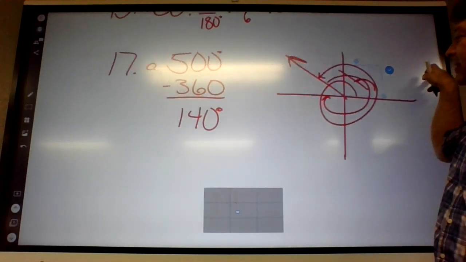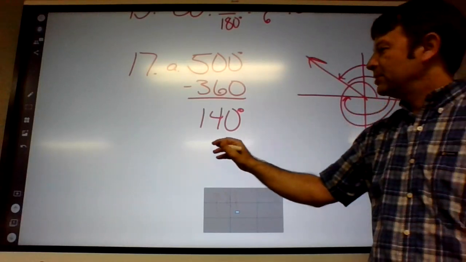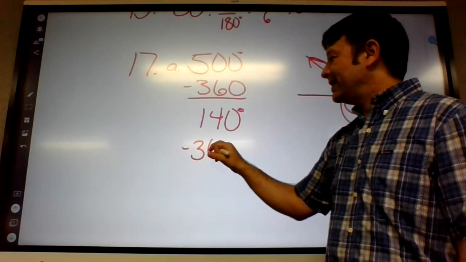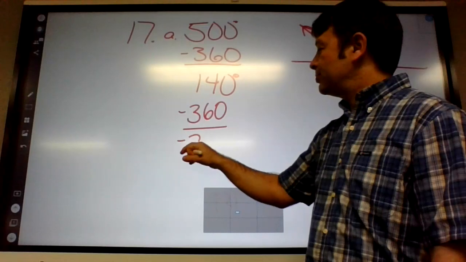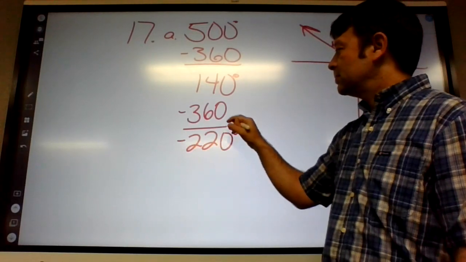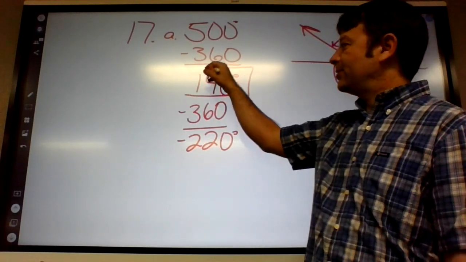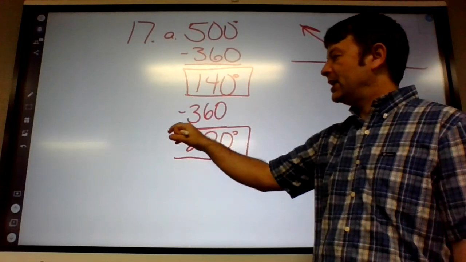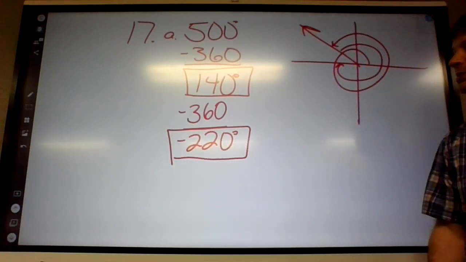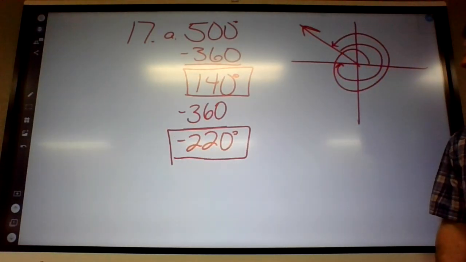And then if we want a negative angle, we just go backwards 360 again. That would be negative 220. So a positive angle that would be coterminal is 140, and a negative angle is negative 220.